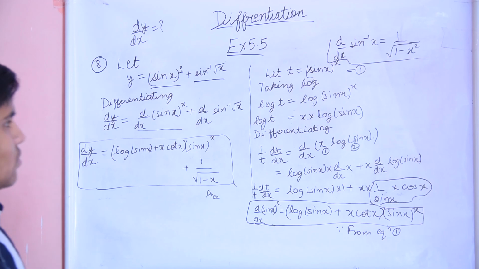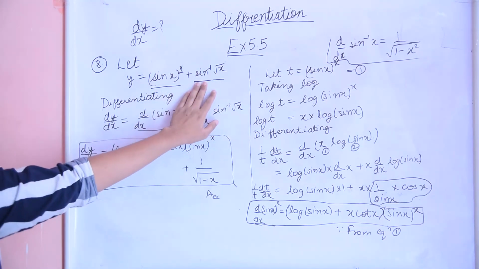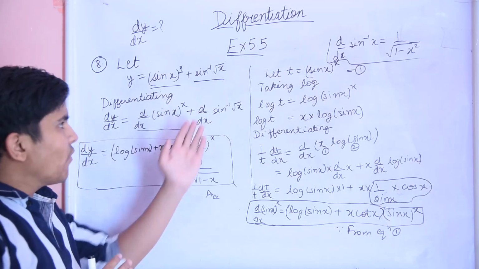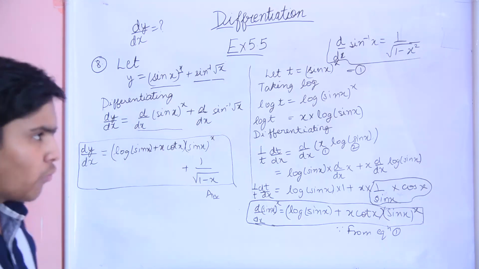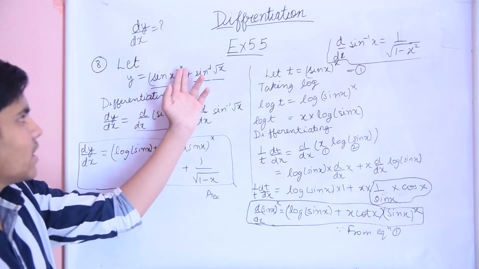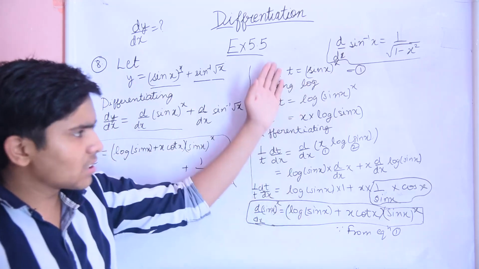When you encounter this type of question, you have to analyze which type of function is given. If you have any function which has a power over its top, you have to use the log function like this.